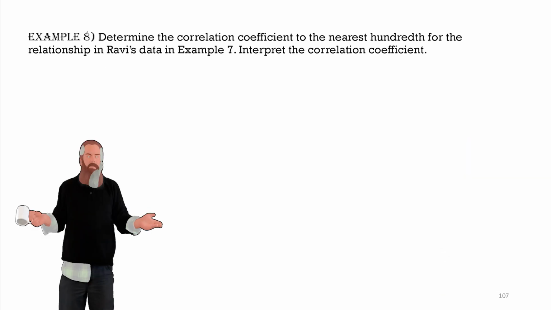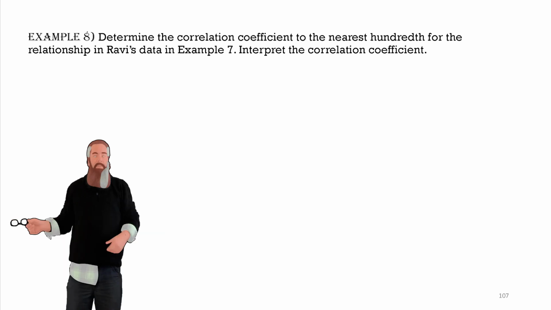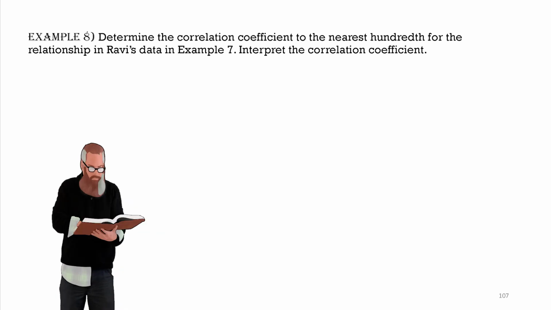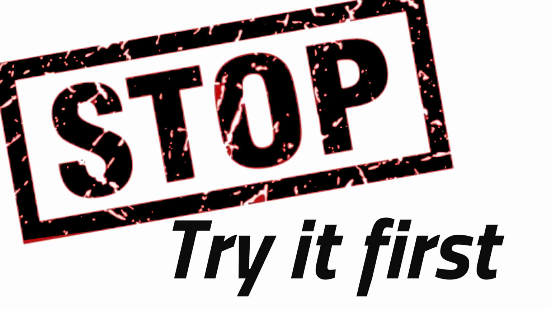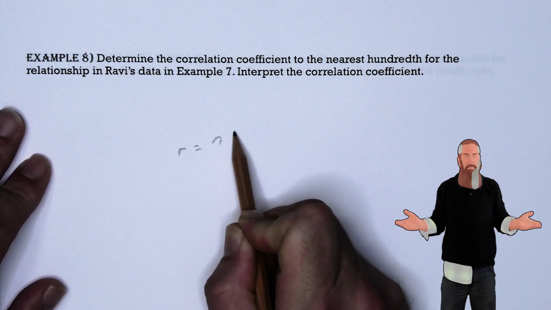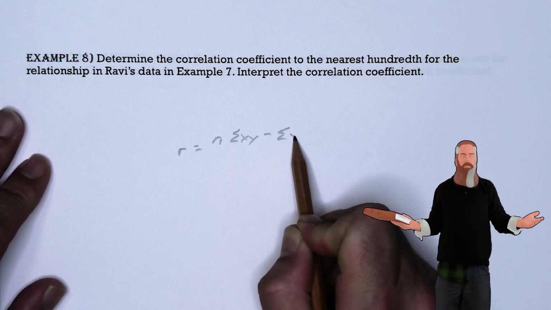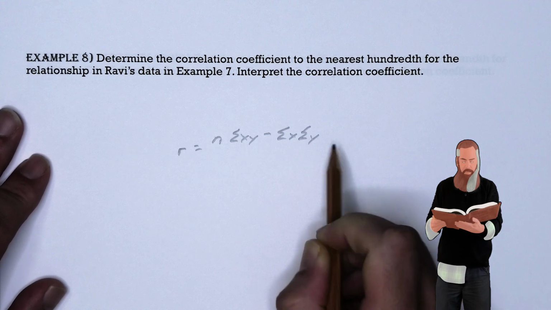We are going to determine the correlation coefficient to the nearest 100th for the relationship in Ravi's data from example 7 and interpret this correlation coefficient. This means that R is going to be equal to the number of entries times the sum of xy minus the sum of x times the sum of y.